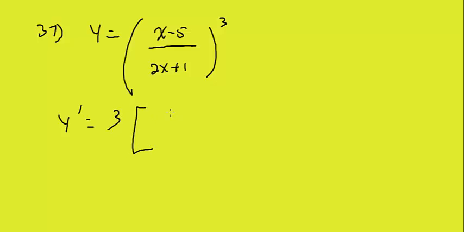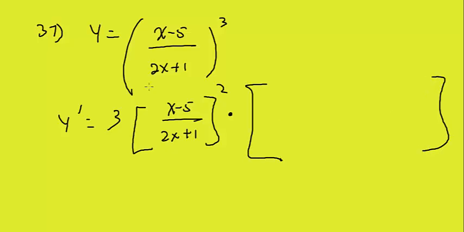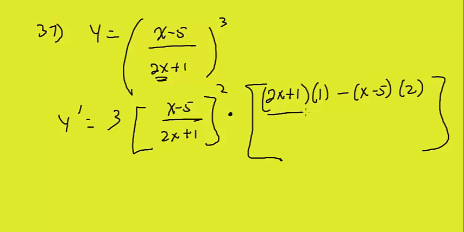So it would be 3 times x minus 5 over 2x plus 1 to the second times, I'm going inside now, so cover me. Okay, denominator times the derivative of the numerator minus the numerator times the derivative of the denominator, all that over denominator squared. Looking at last quiz, some of you are challenged by the quotient rule. Yeah, that's it.